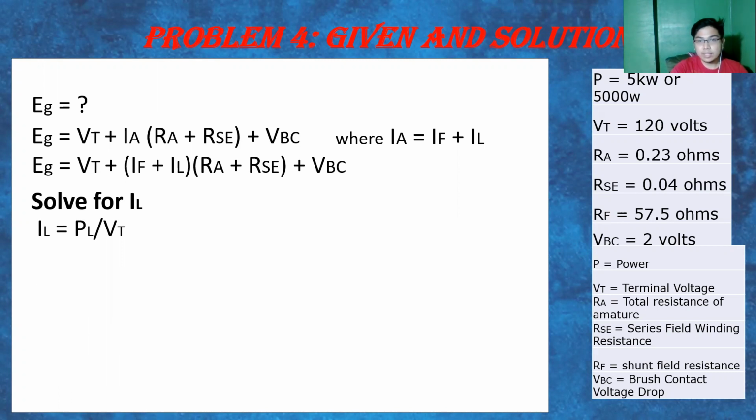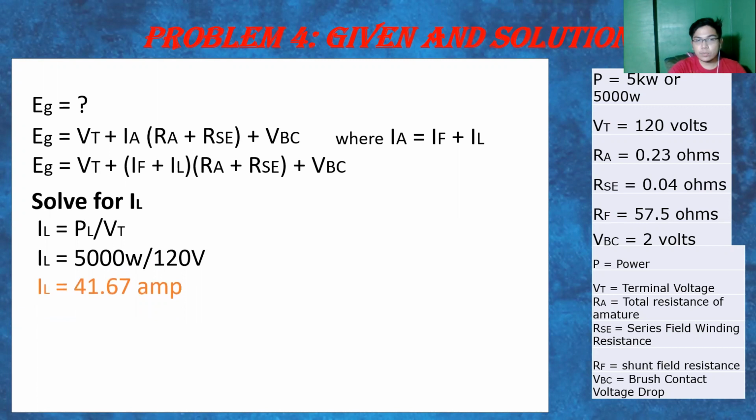Yung P sub L natin, which yun din yung power natin. So, ayan, nakikita natin is 5 kilowatts siya. So, multiply natin siya sa 1,000 at watts ang ginagamit natin dito. Kaya 5,000 watts all over 120 volts, which is yung voltage.